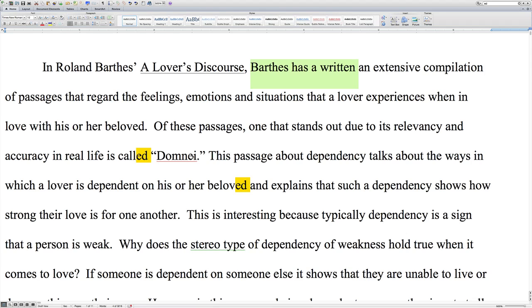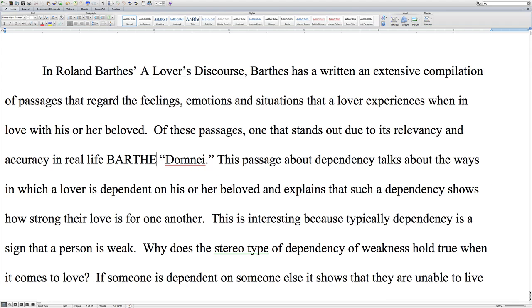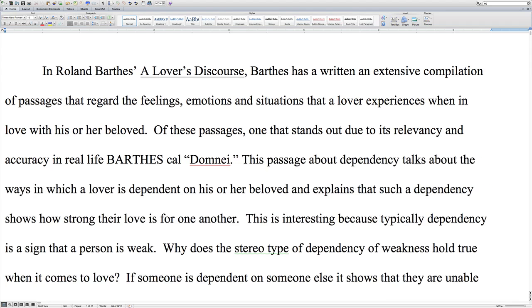"Of these passages, one that stands out due to its relevancy and accuracy in real life, Barthes calls Domne." It's a very down and dirty fix, but now you can hear the sentence. It sounds a bit sloppy, right? "One that stands out due to its relevancy and accuracy in real life, Barthes calls."